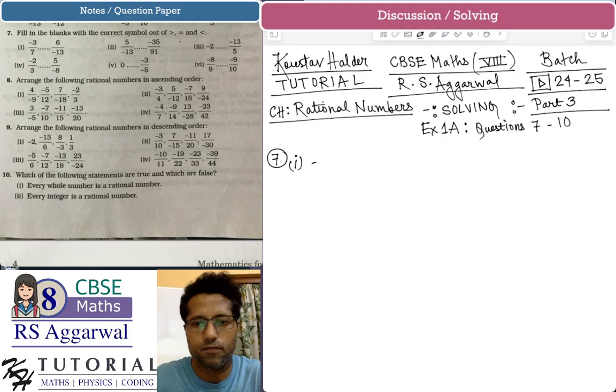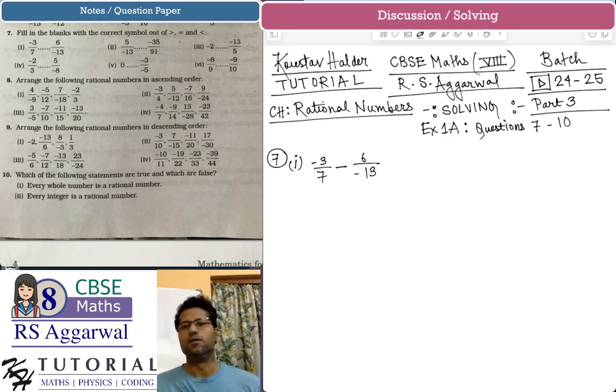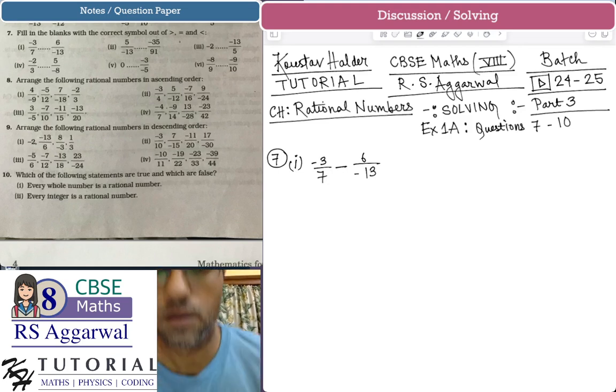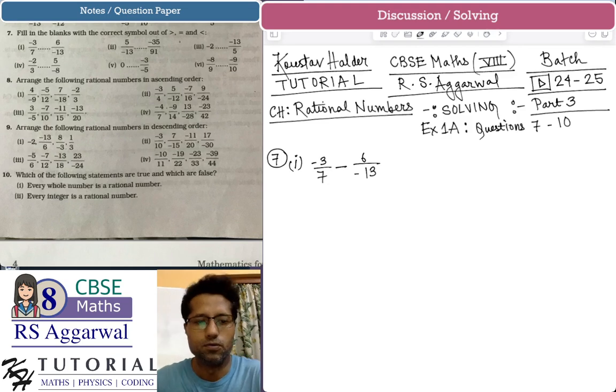We have to compare minus 3 by 7 with 6 by minus 13. This is a fill in the blanks, we have to put the relational operator, that is less than or greater than or equal to. So the two rational numbers are minus 3 by 7 and 6 by minus 13.